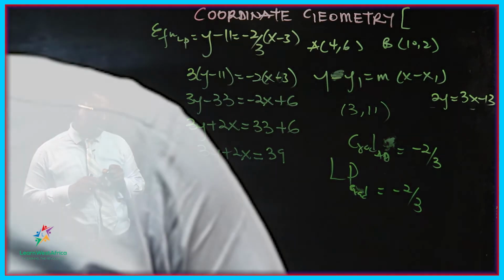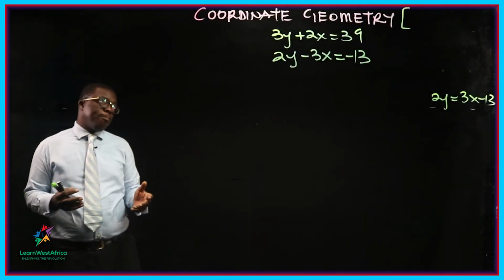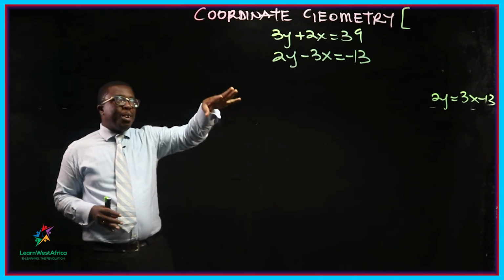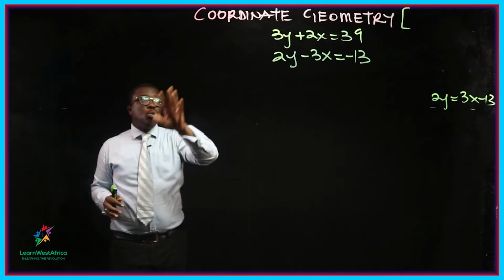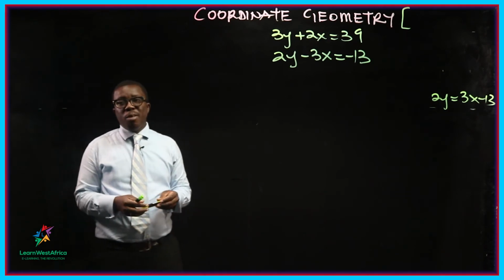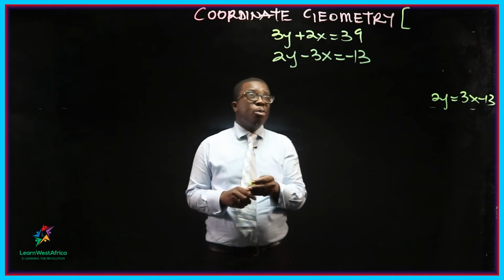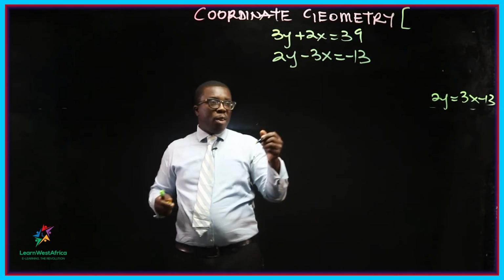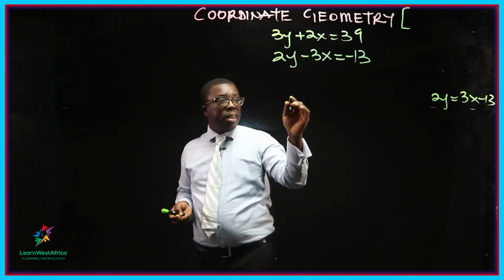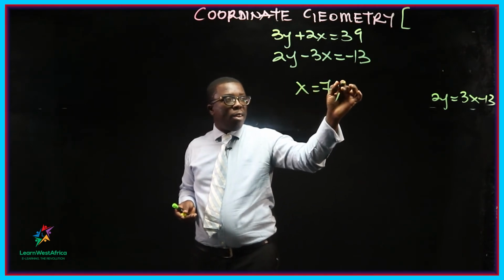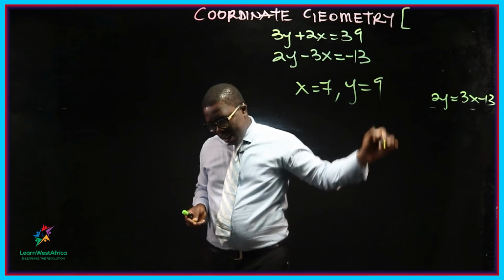Let's do that. Okay, so putting the two together, these are the equations that we need to resolve. 3y plus 2x equal to 39, 2y minus 3x equal to minus 13. Now, if you were to apply what you know about simultaneous equations to solve this problem, your x would be 7 and your y will be 9.